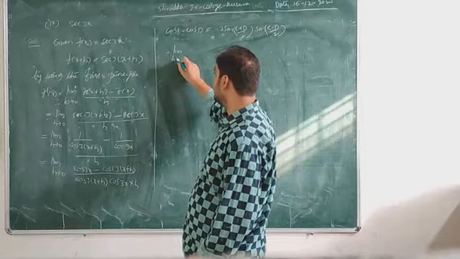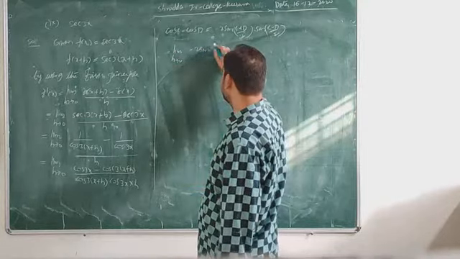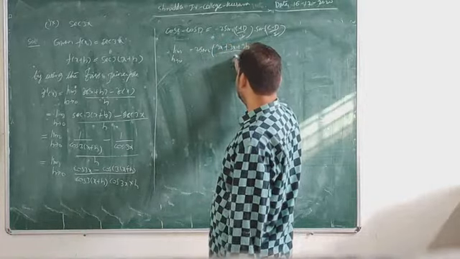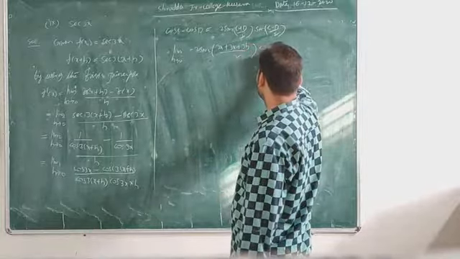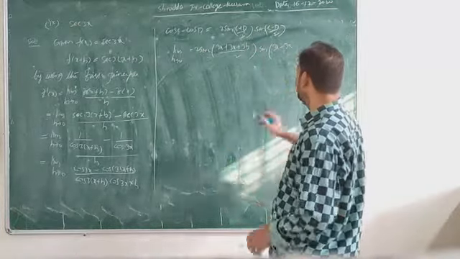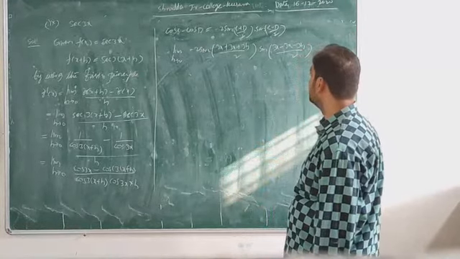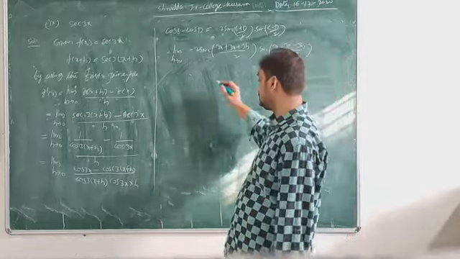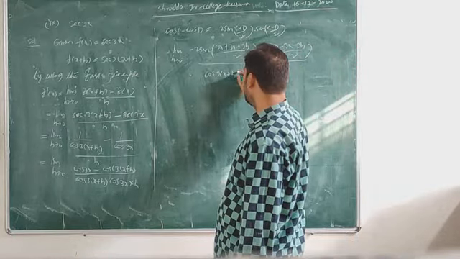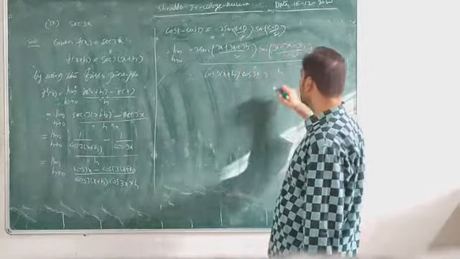Limit h tends to 0 of minus 2 sin, what is c here? 3x, and d means 3x plus 3h, by 2, into sin((c minus d) by 2), that means 3x minus 3x minus 3h by 2, by cos of 3 into (x plus h) into cos 3x into h.